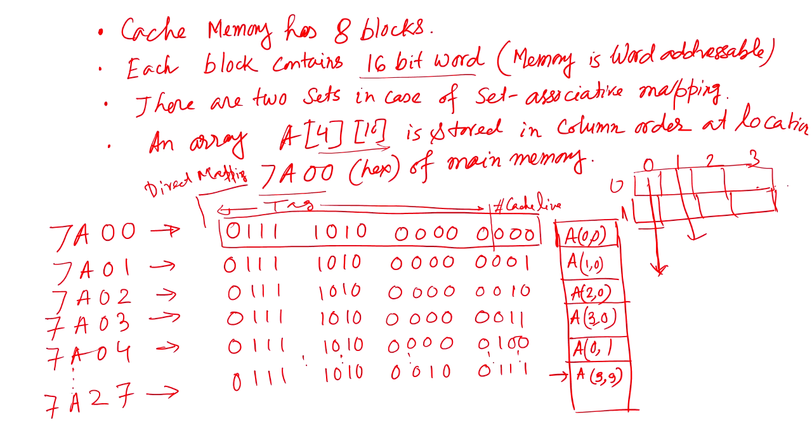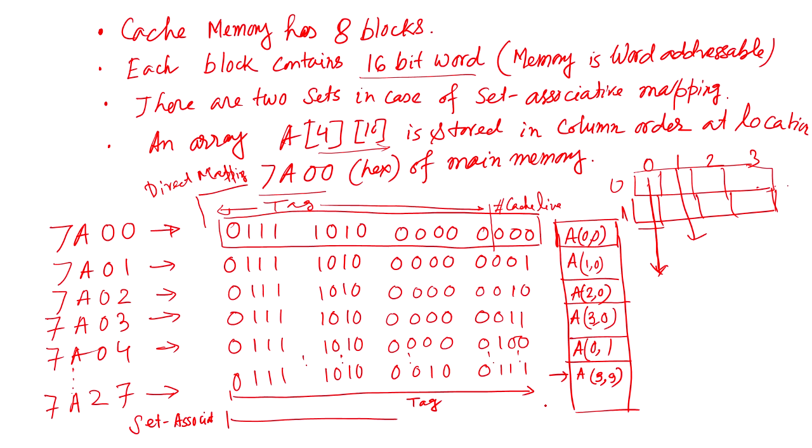So, what will be the split for associative mapping? How many bits for associative mapping? 16, right. So, the entire 16 bits will be the tag in case of associative mapping. And the rest is set associative mapping. So, how many bits for the word?